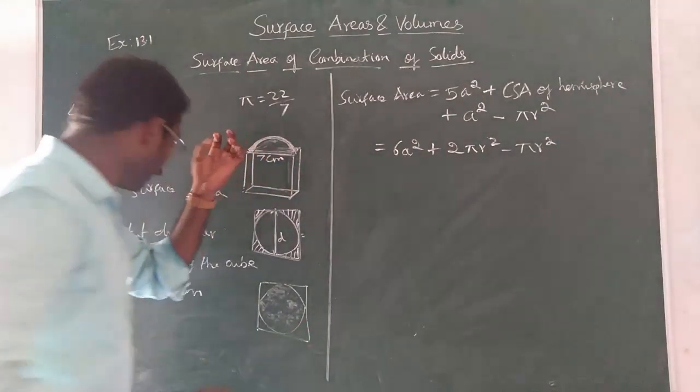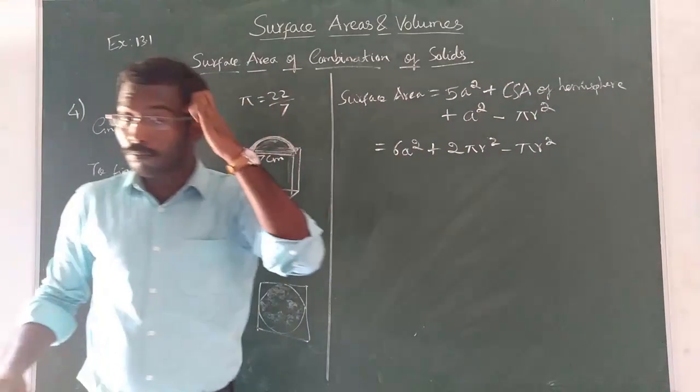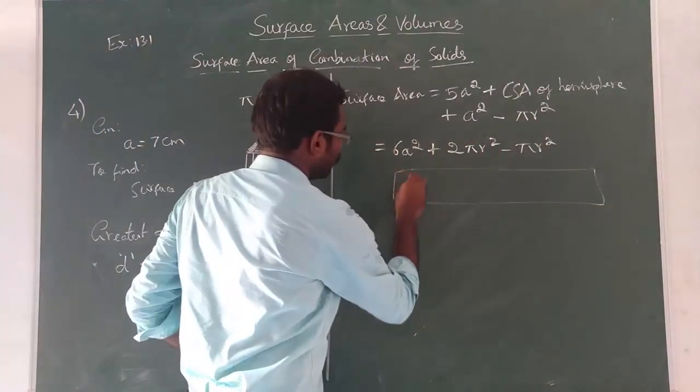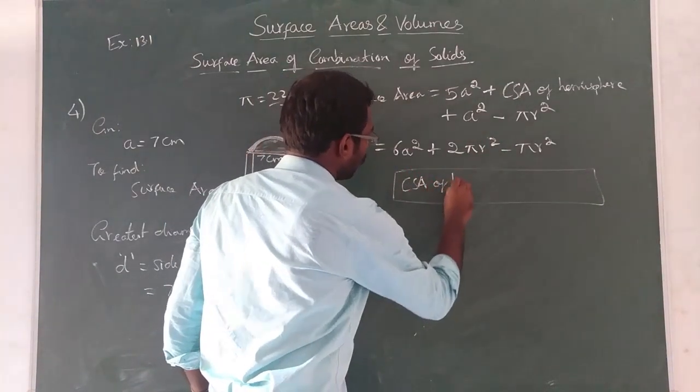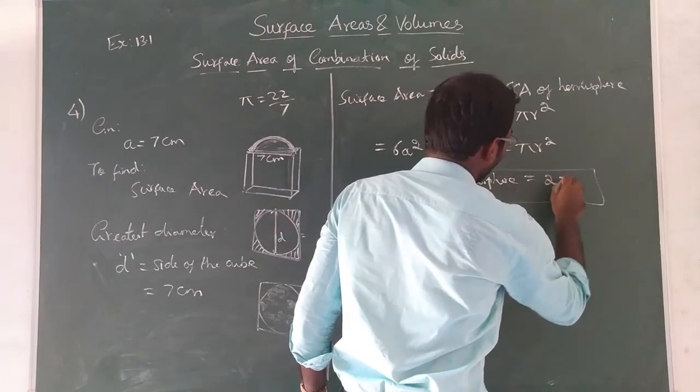So I will give you one advice. This formula you can write separately because at least you will get mark for formula. Okay. So I will write here CSA of hemisphere is equal to 2 pi r square.